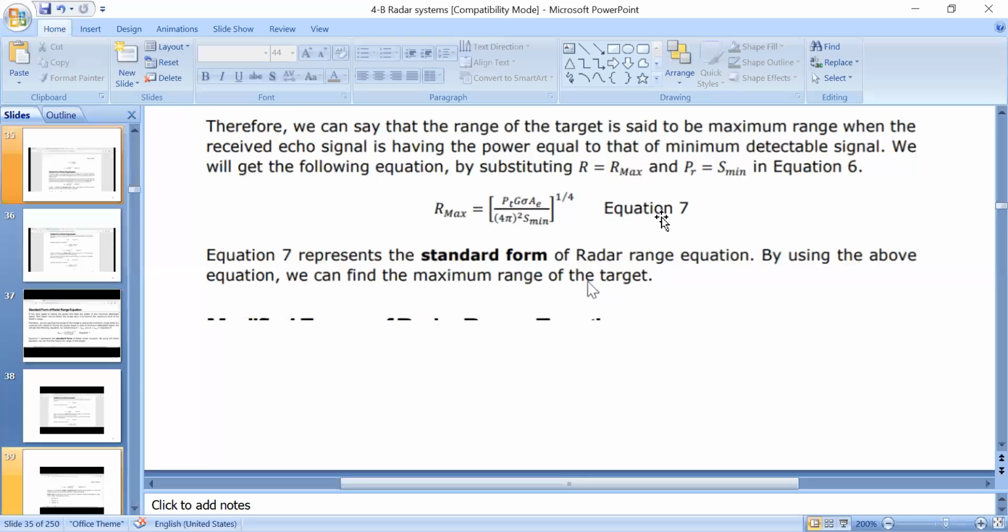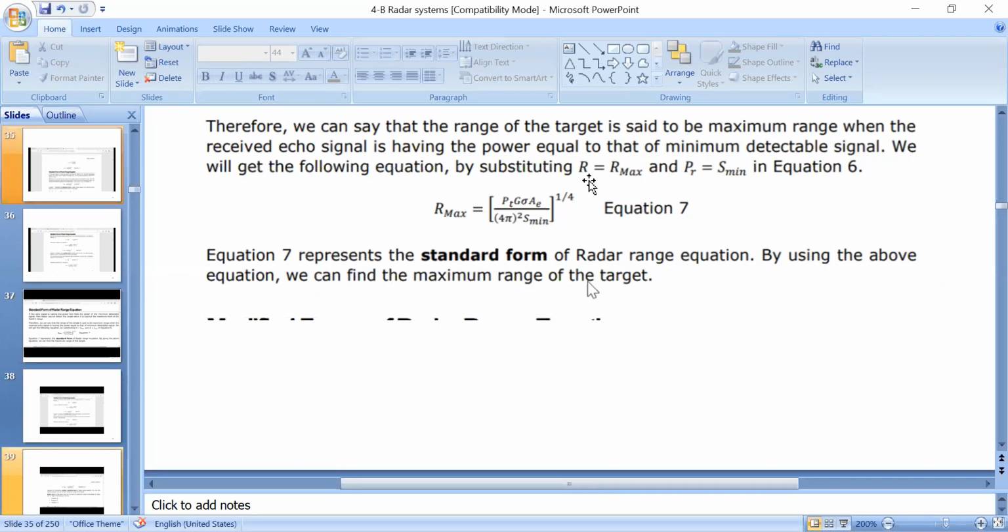So it's very simple to derive this equation. What we are doing here: initially we are considering the isotropic radiator as an antenna. After that, considering a directional antenna. After that, radar target cross section is taken into account. After that, received power is expressed in terms of effective aperture and PDE.